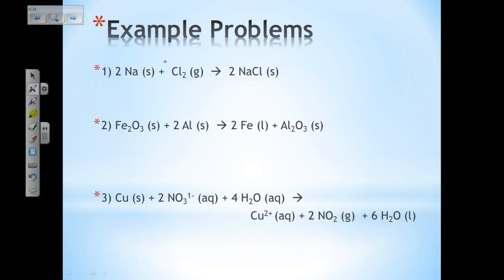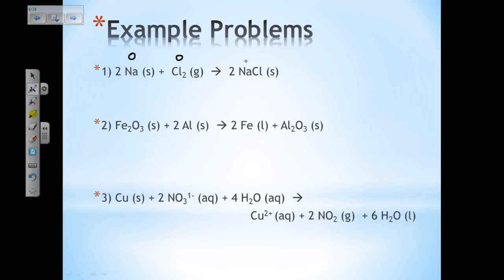Sodium is an element, so it has an oxidation state of 0, and chlorine has an oxidation state of 0. That's an element as well. Now, sodium in sodium chloride has a charge. We're not going to do anything different than what we learned about ionic compounds.